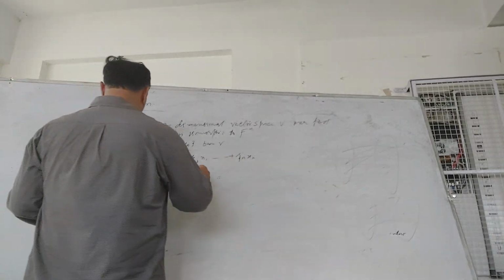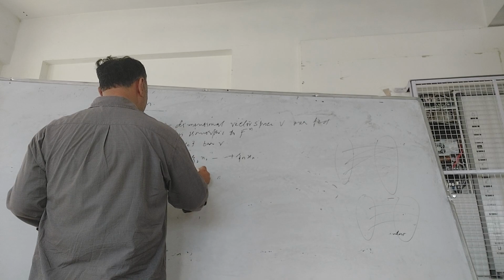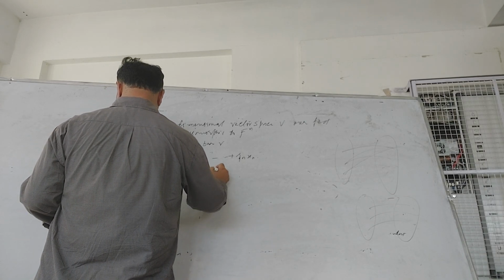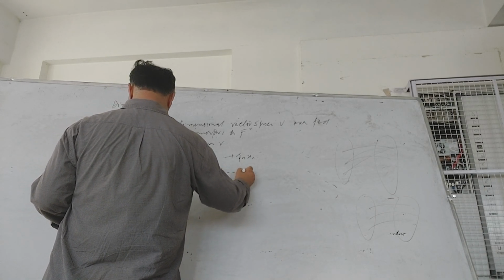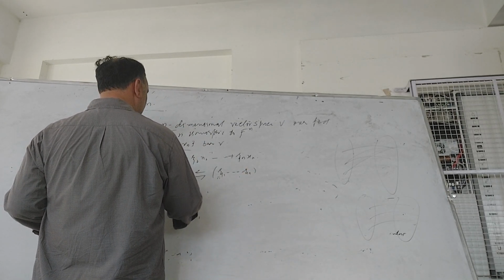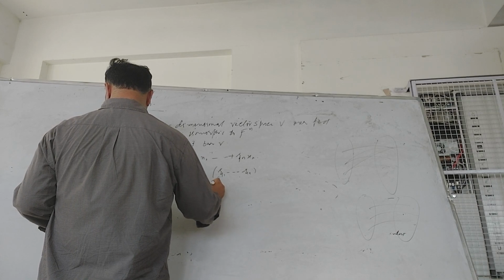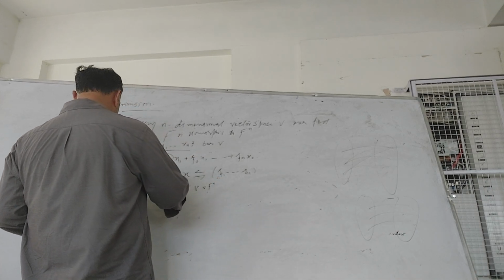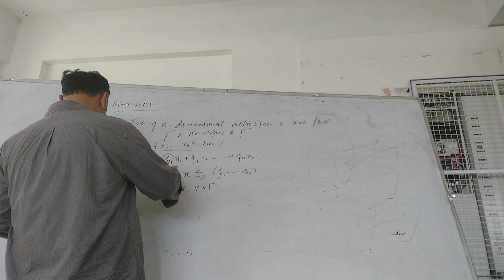So such that if we want to consider a correspondence, zeta 1, zeta 2, we can have it between V and Fn. So now we have defined x in one vector space.